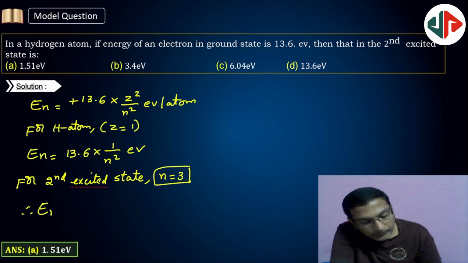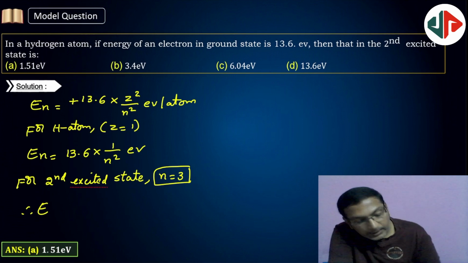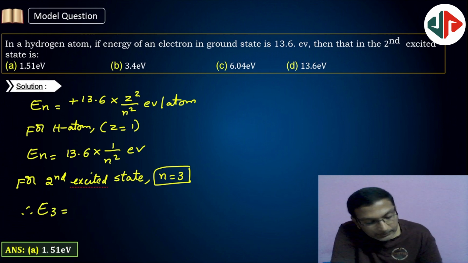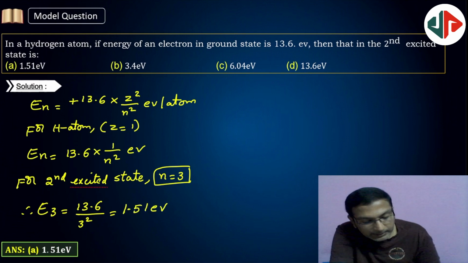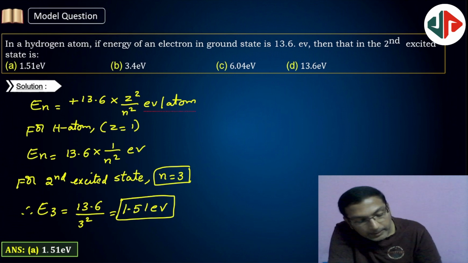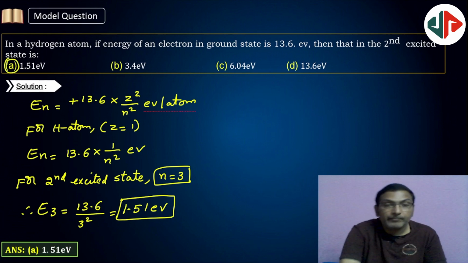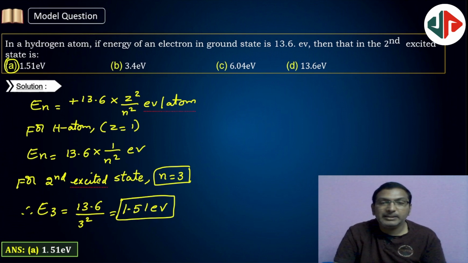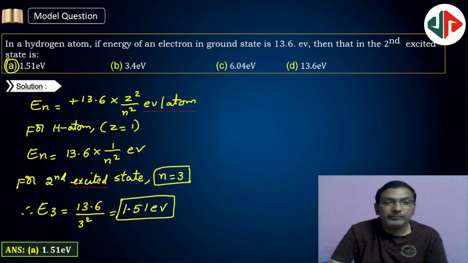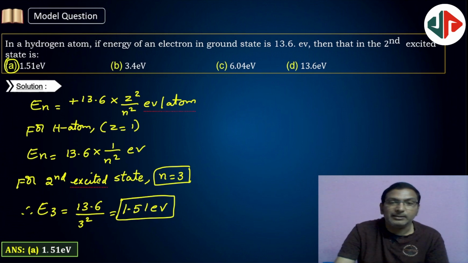Therefore, energy of third orbit equal to 13.6 by 3 square, which is 1.51 electron volts. So, option A. Energy of second excited state means energy of third orbit simply. Third orbit is second excited state.